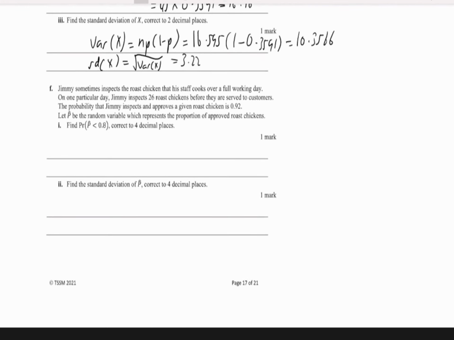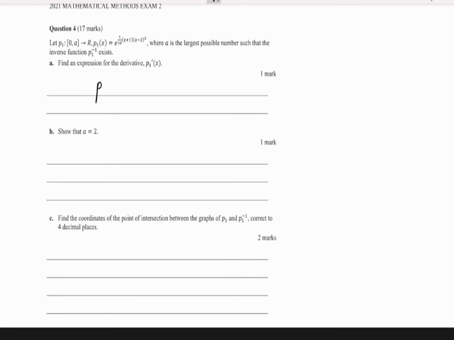So I couldn't do F and G, as you get P1 dash x equals this big expression, x cubed minus 3x squared divided by 10 times 3e to the 5th x squared divided by 10 minus 3e to the power 2 1 5x divided by 5.